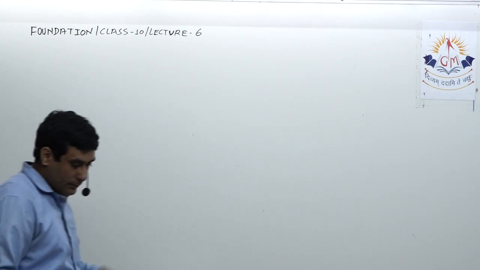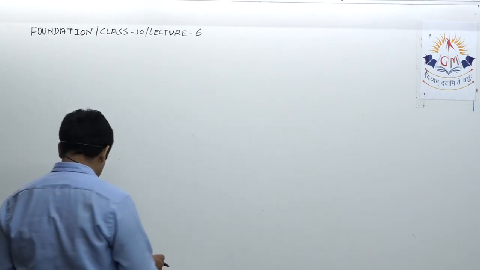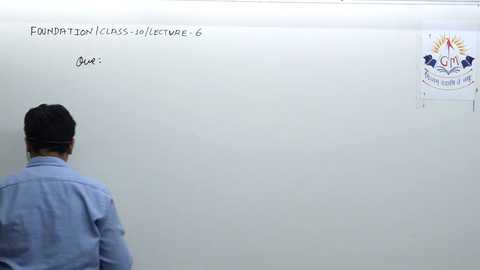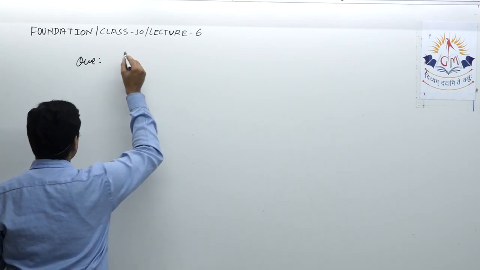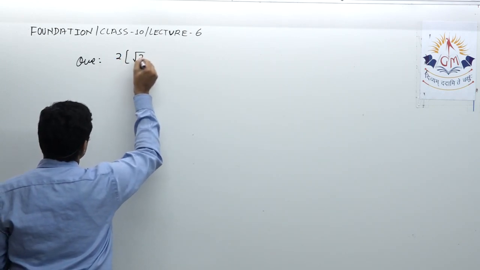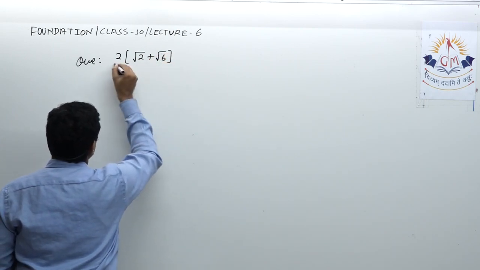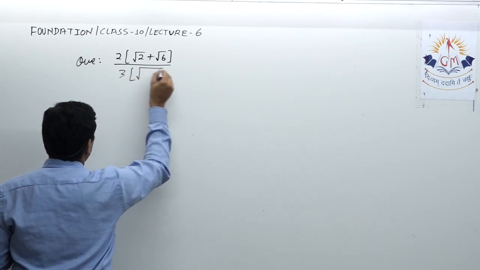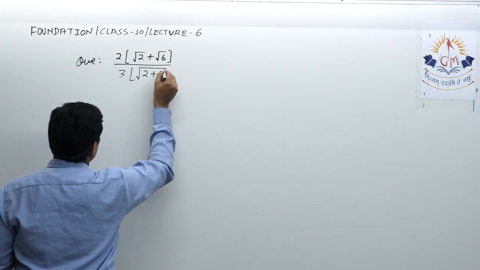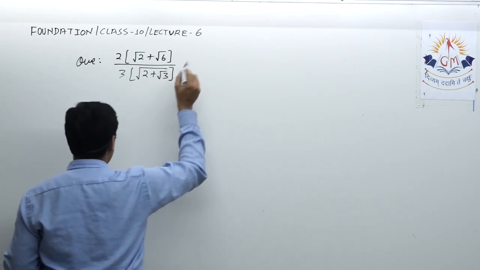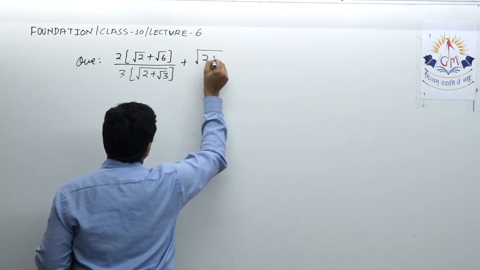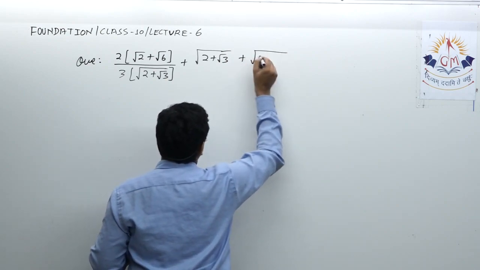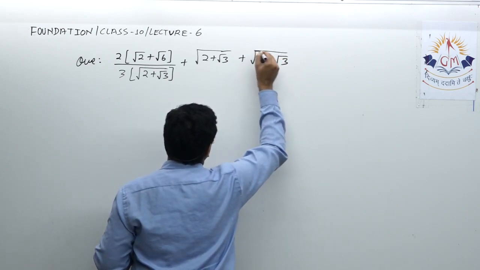Okay, now let us see the next question. Evaluate or simplify 2 into root 2 plus root 6 upon 3 multiplied by square root of 2 plus root 3, plus square root of 2 plus root 3, plus square root of 2 minus root 3.